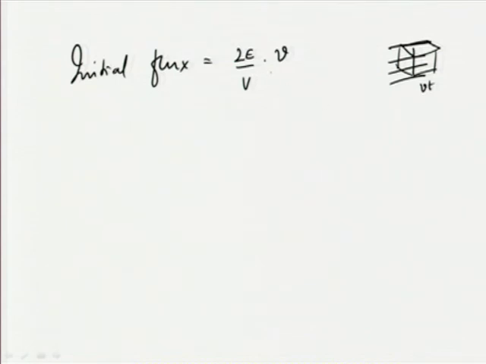Since we are considering the initial beam as the A particle beam, let me denote it by V A. So, this is the magnitude of the velocity V A. And if the other particle is a target particle which is at rest in the lab frame, target density is to be considered, that is going to be 2E C, the other particle.